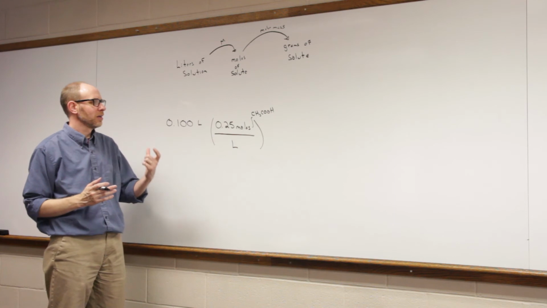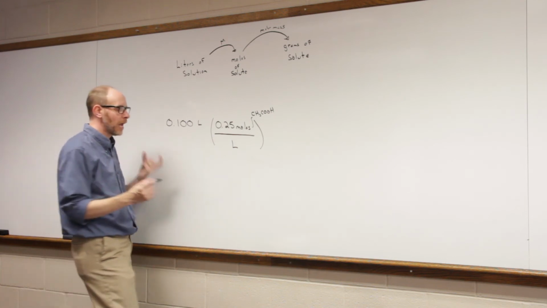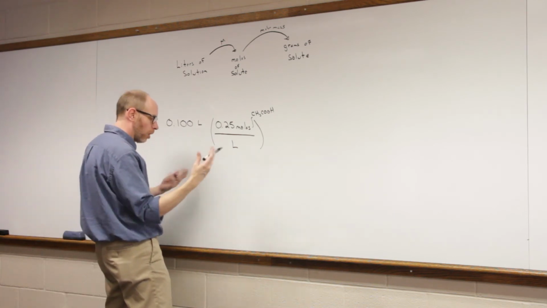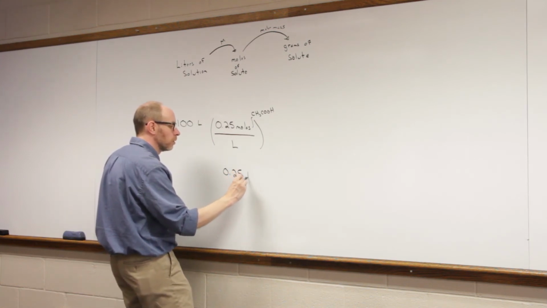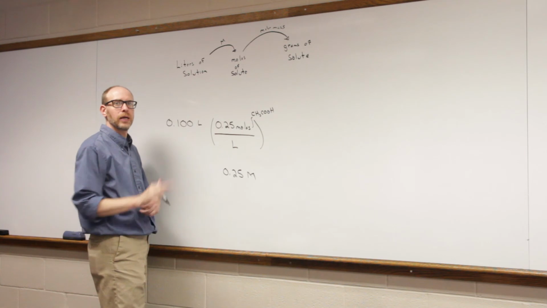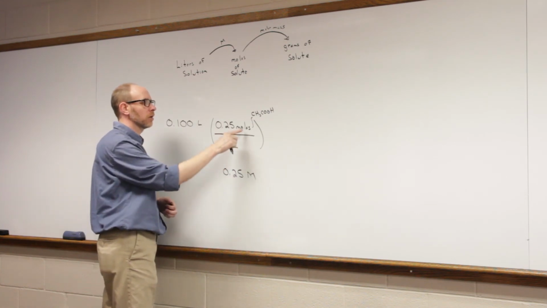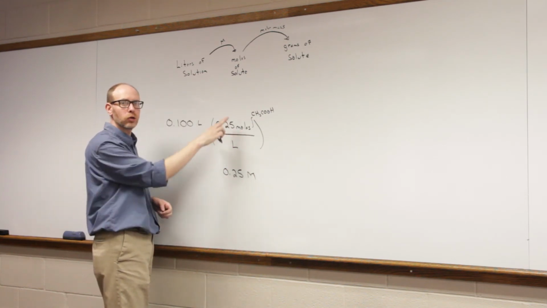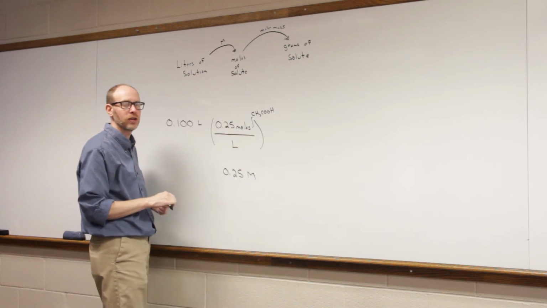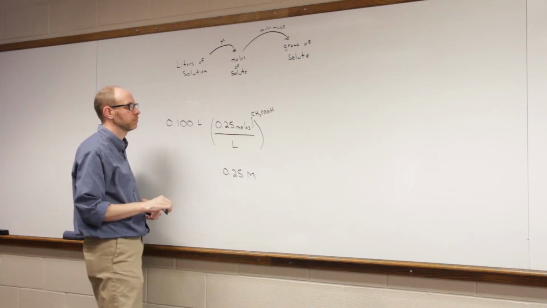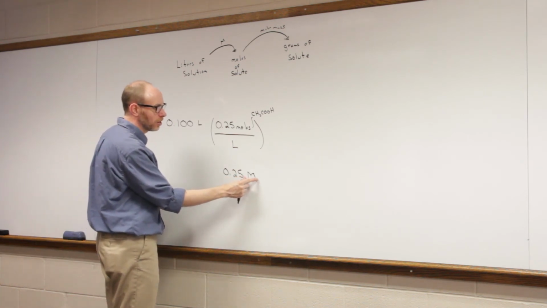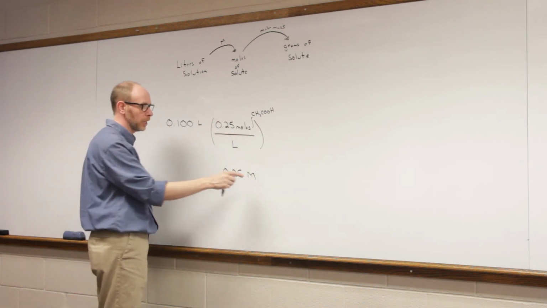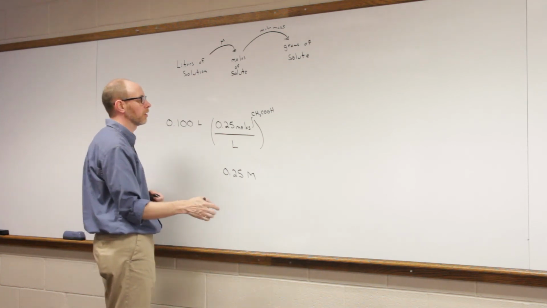And you might say, right, but on the problem, it said 0.25 molar. And just remember that capital M stands for moles per liter. So we can write it out longhand with all the units attached to it, if we would like. And in this case, it's going to help us. And in most cases, it's going to be more useful writing it as moles per liter as opposed to molarity.